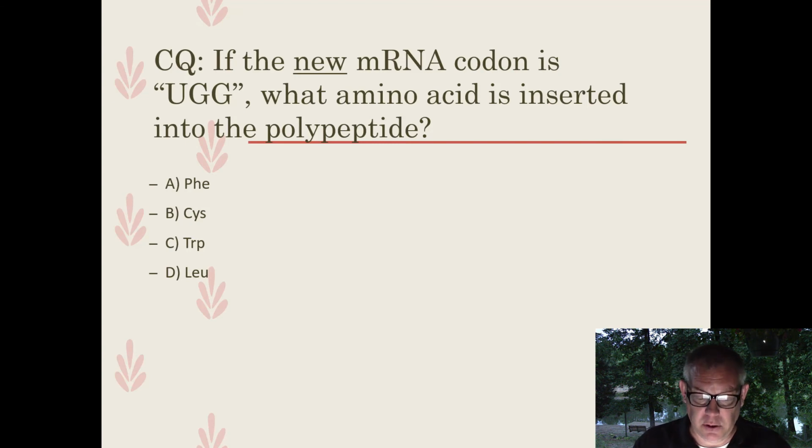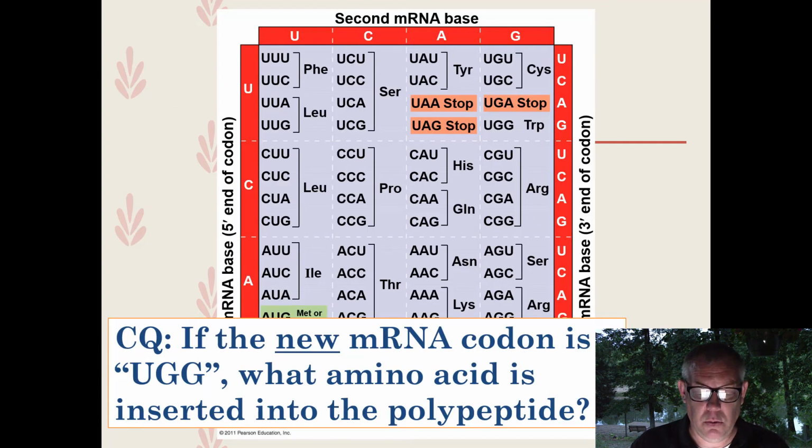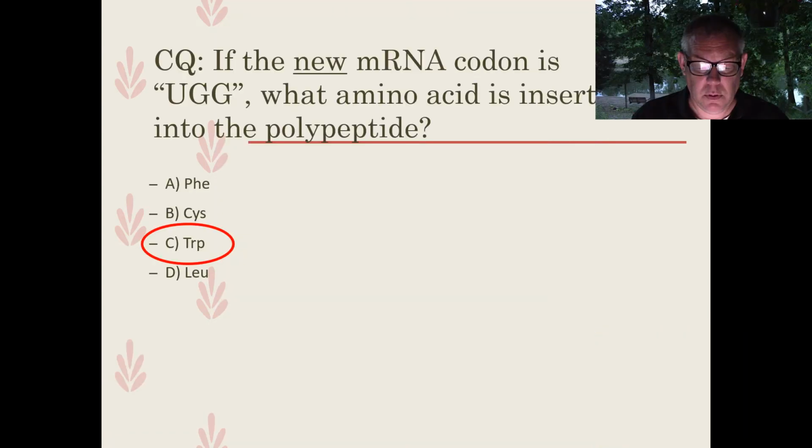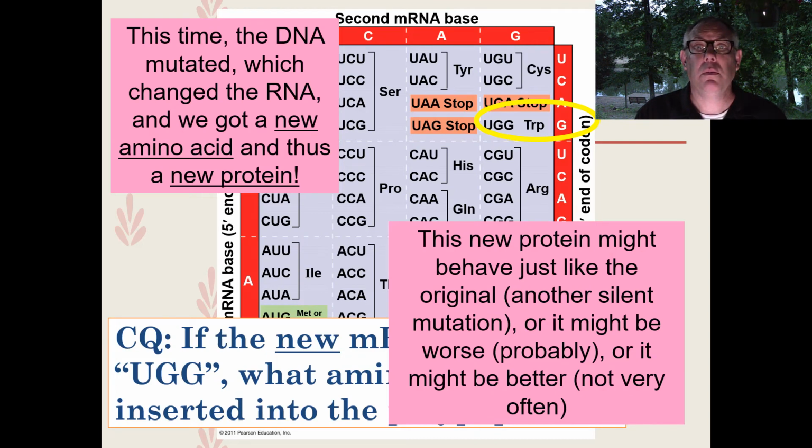Let's look up UGG. Oh, that's a tryptophan. Uh-oh. So in this example, the DNA mutated, which of course changed the RNA. That has to happen. But in this example, you did get a new amino acid in that position, and so you will get a new protein.